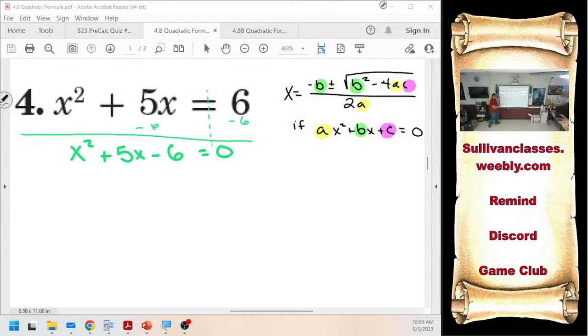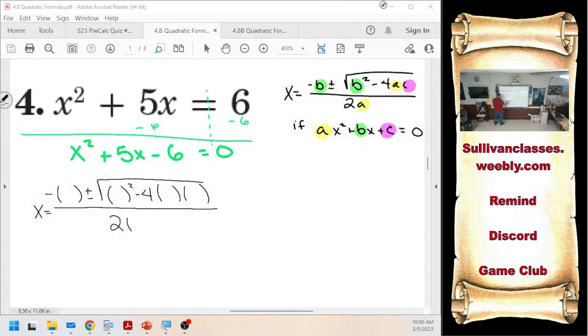Okay? X is negative B. It's really important that you do that parenthesis, because if you don't, you might miss the negative part of it. Plus or minus the square root of B squared minus 4AC, all of that over 2A.